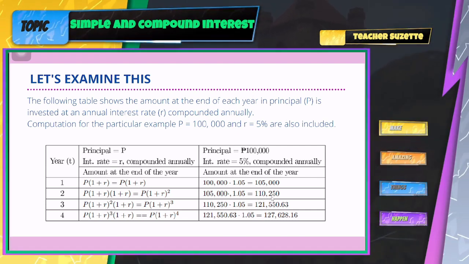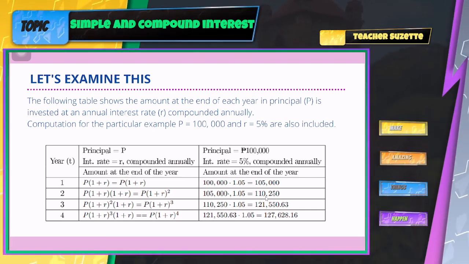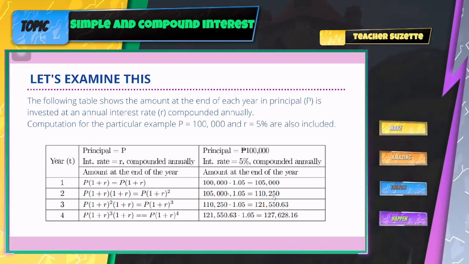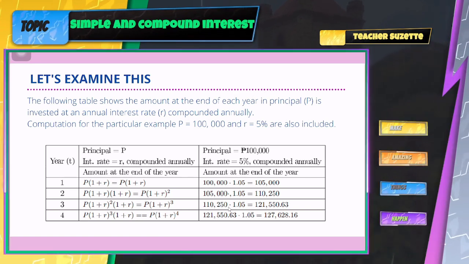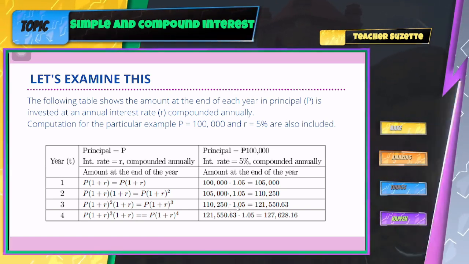Then on the next year, you will notice that your previous maturity value or future value at the end of the year will now be the present value. Then you multiply it again by 1 plus R, or 1.05.